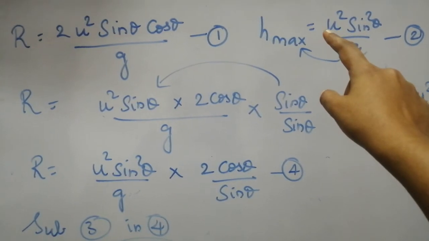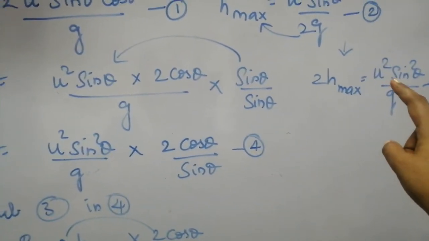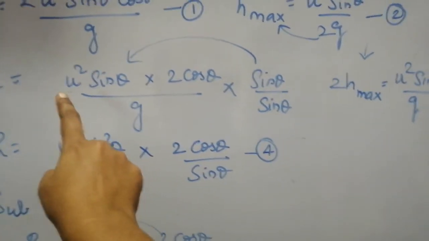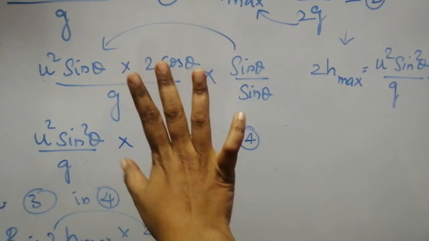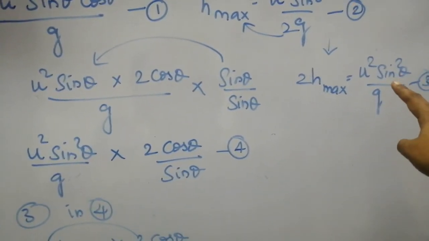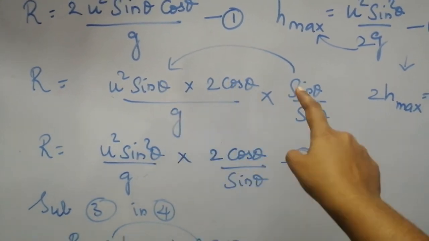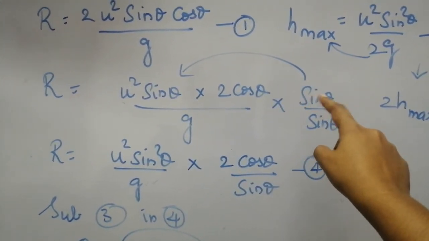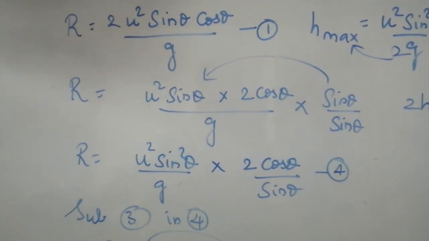In the numerator I need u square sin square theta by g. I have u square, only one sin theta, divided by g. But what I want is sin square theta, and here I have only one sin theta. So I multiply this term by sin theta and divide by sin theta, so that it does not change.